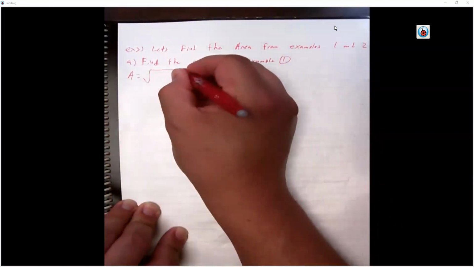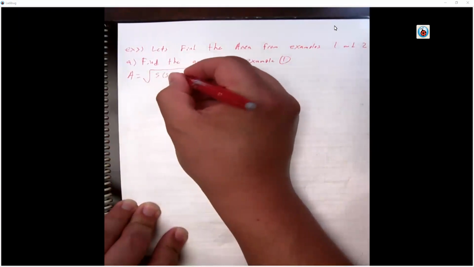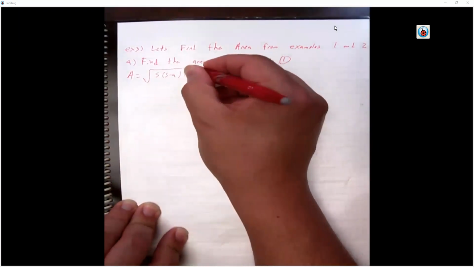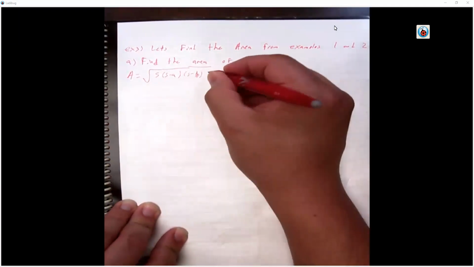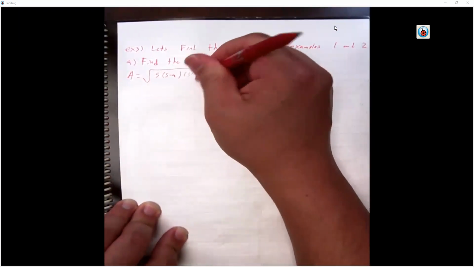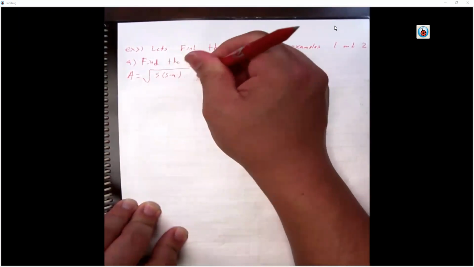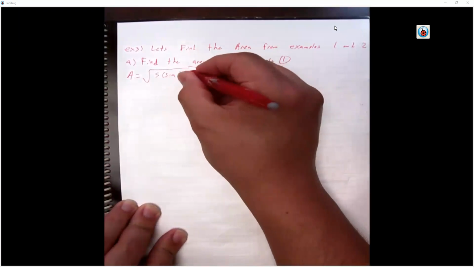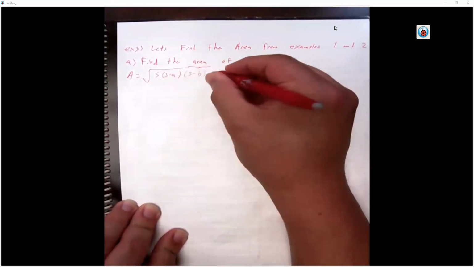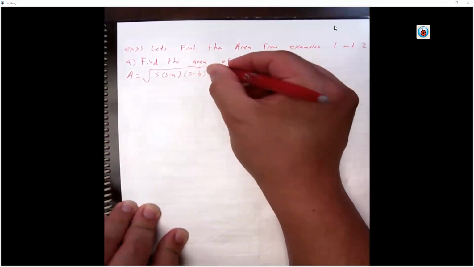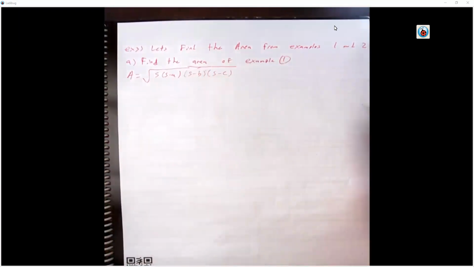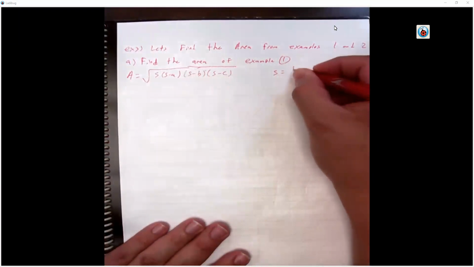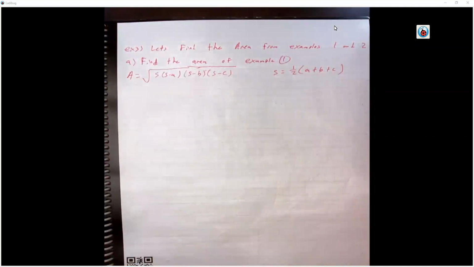So the formula they gave you for area was this: the area is the square root of S times S minus A times S minus B times S minus C. S is equal to 1/2 times A plus B plus C. That's what S is going to be.